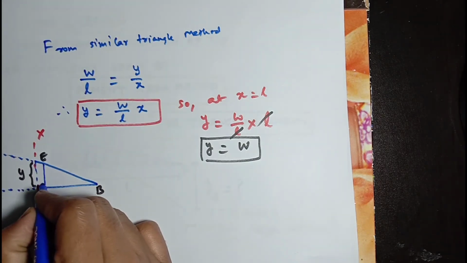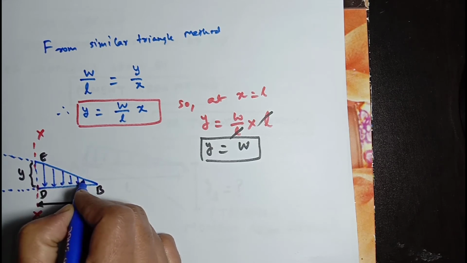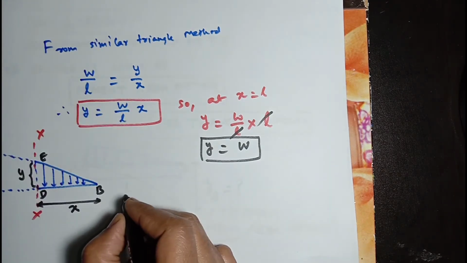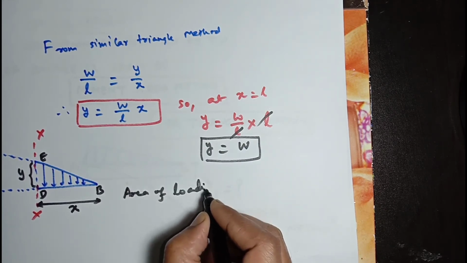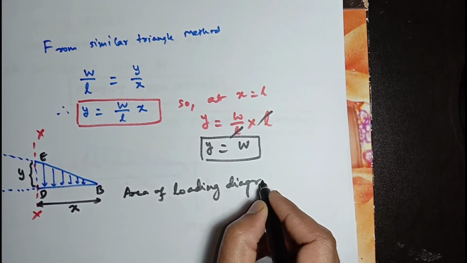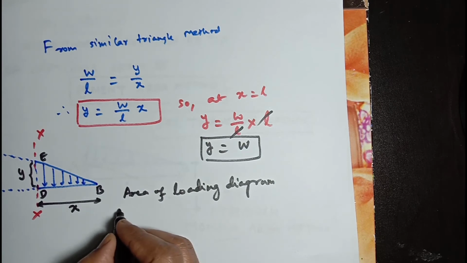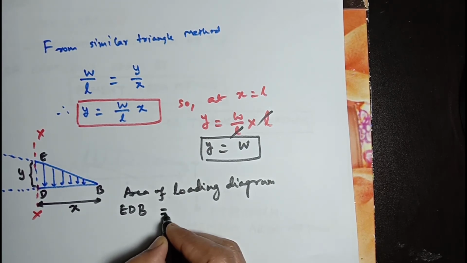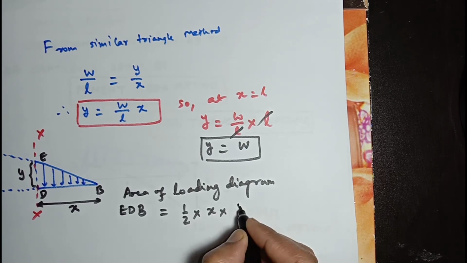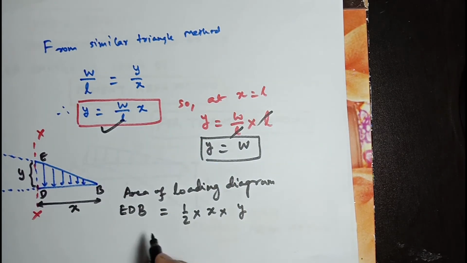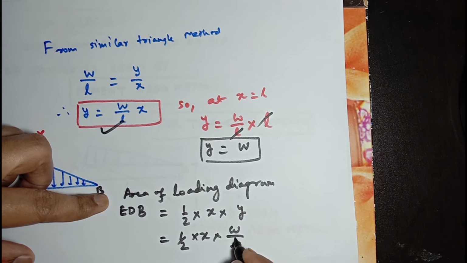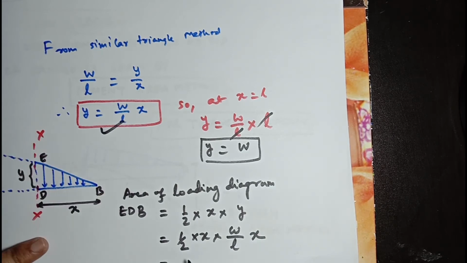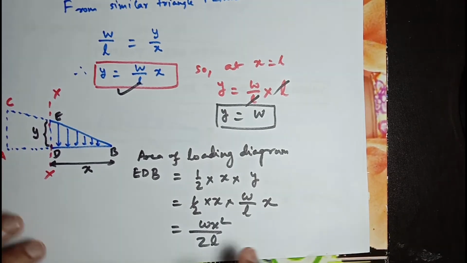The area of loading diagram EDB will be half into X into Y. The value of Y is W divided by L into X. So it will be half into X into W divided by L into X, which will be W X square divided by twice L. This is the total load.